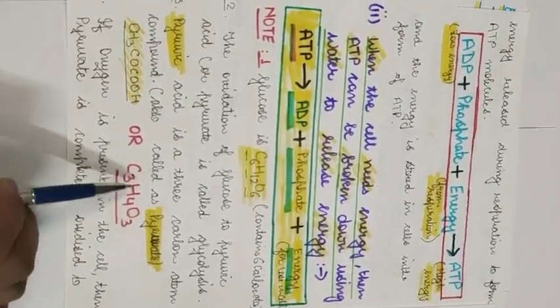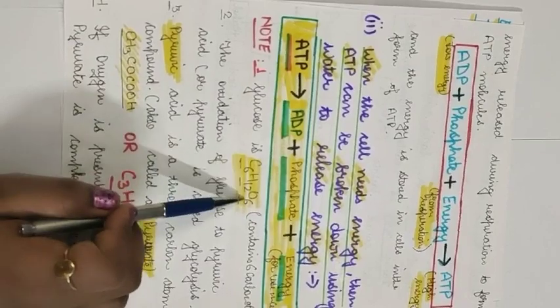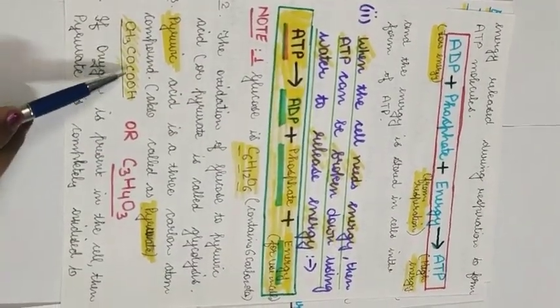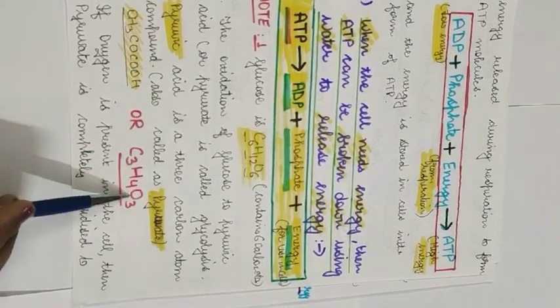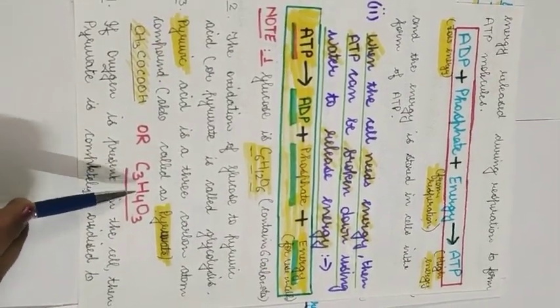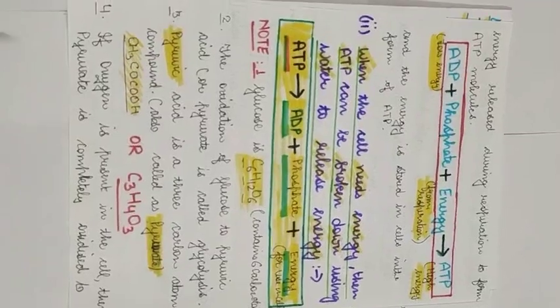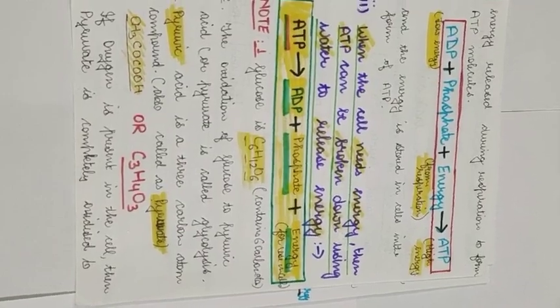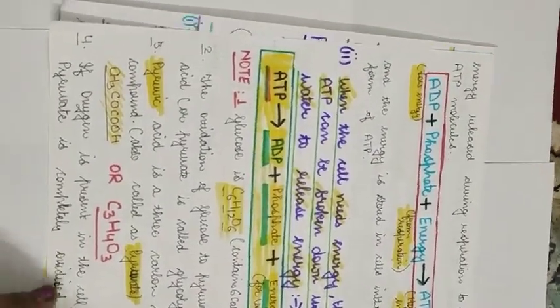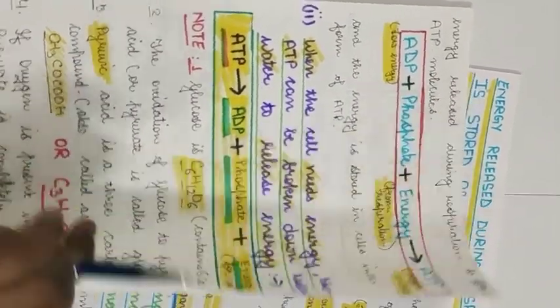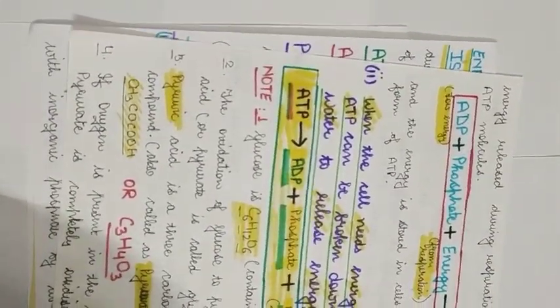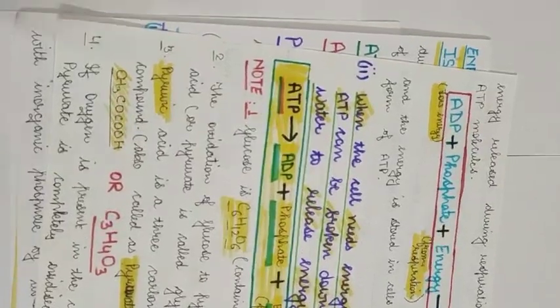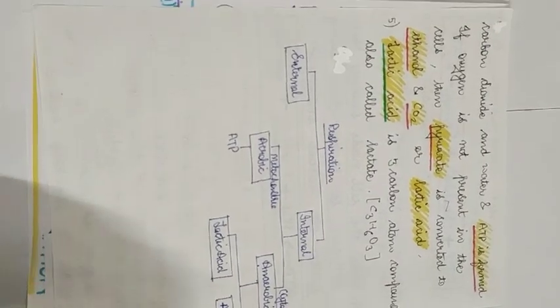So pyruvic acid or pyruvate is a 3-carbon compound, that is C3H4O3. Please learn these formulas. Glucose is C6H12O6, and pyruvic acid is either CH3COCOOH, or, easier for you to remember, C3H4O3. Now if oxygen is present in the cell, then pyruvate is completely oxidized, converted into energy, CO2 gas is released and ATP is formed.